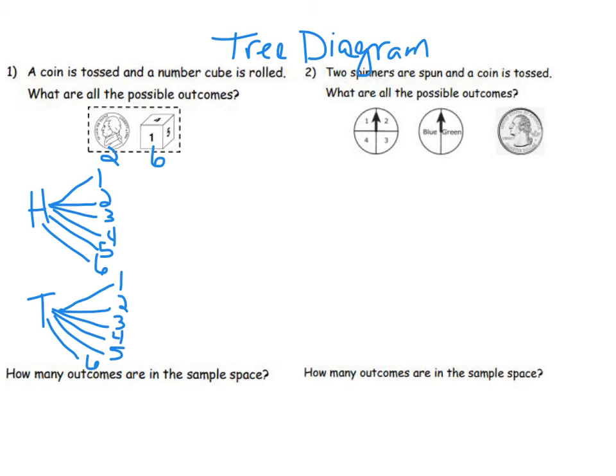So now that you have done that, all you have to do is count how many outcomes that is. So you have 1, 2, 3, 4, 5, 6. And then this one, 7, 8, 9, 10, 11, 12. So that means you have 12 outcomes. And basically, we're done. That's all we have to do. Just do the 12 outcomes.